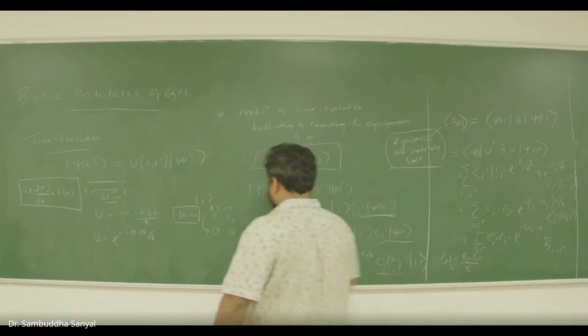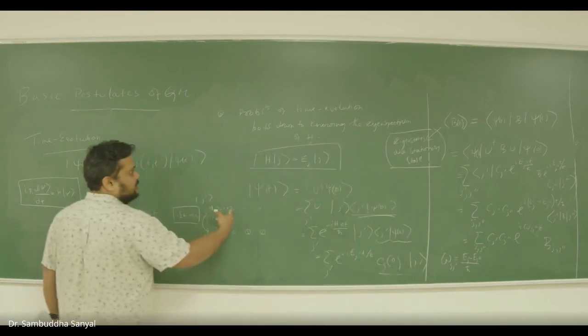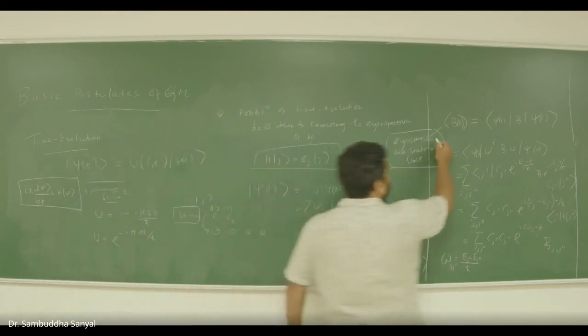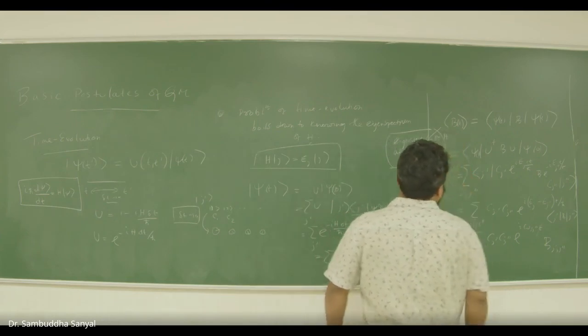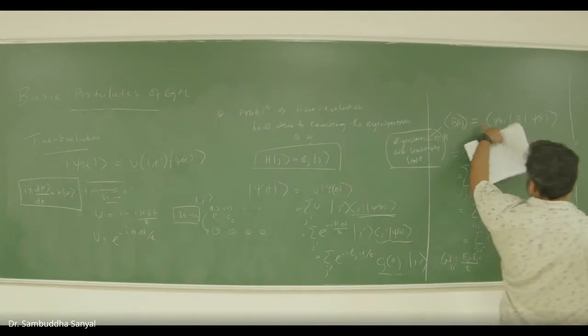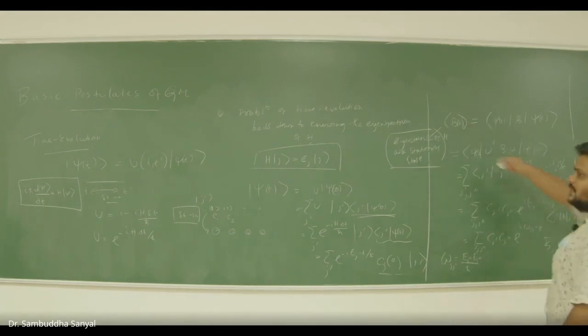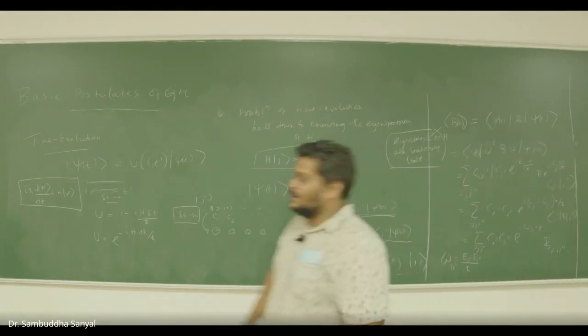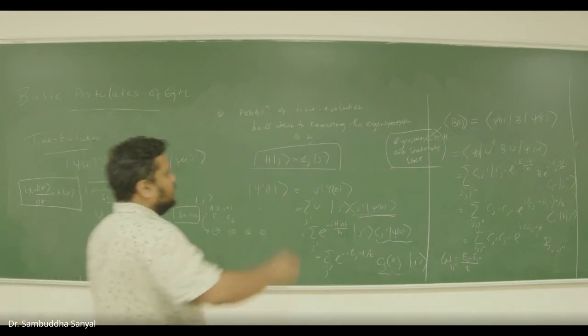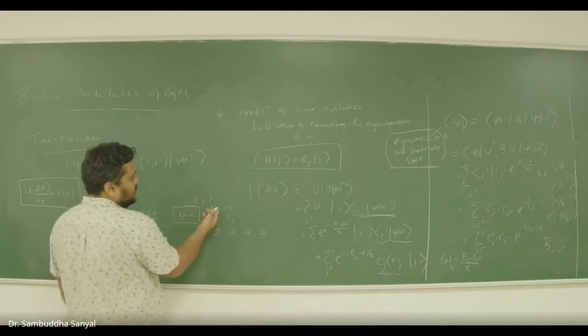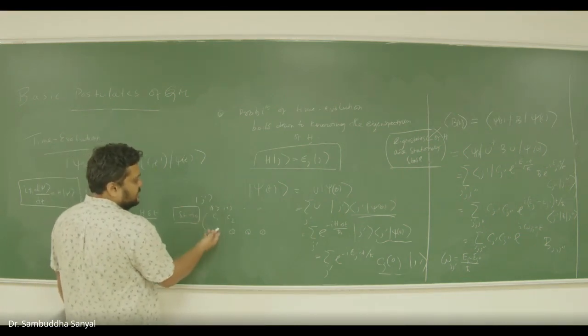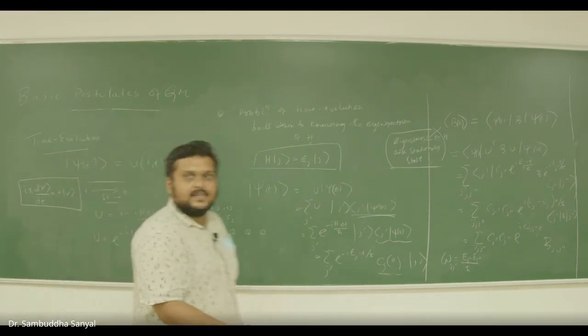Because we saw that each of the eigenstates of this operator, eigenstates of H. So this is important: when B has the same eigenstates, that means B and H commute. That is easy to see from here, because each state is just multiplied by a phase factor.